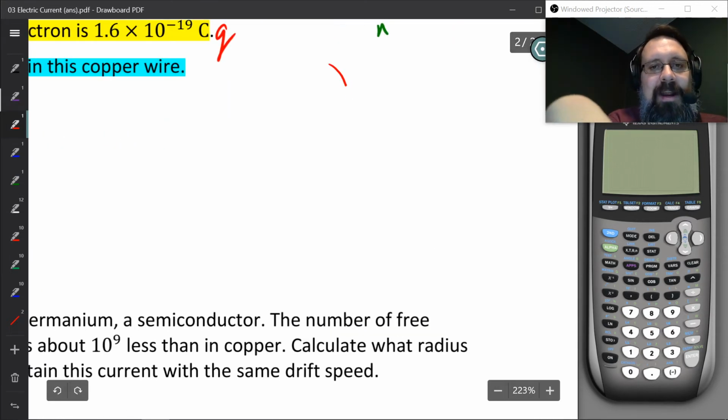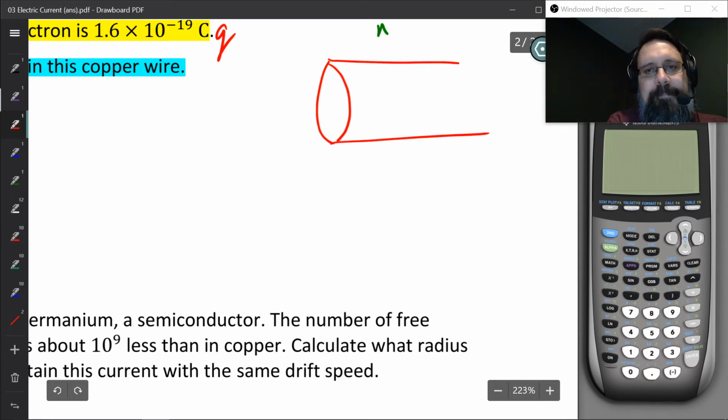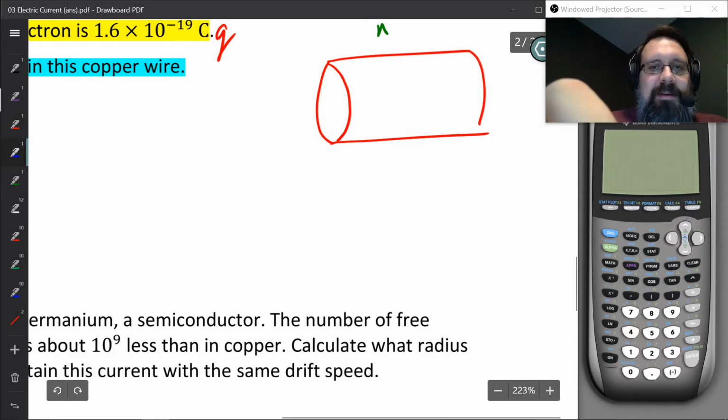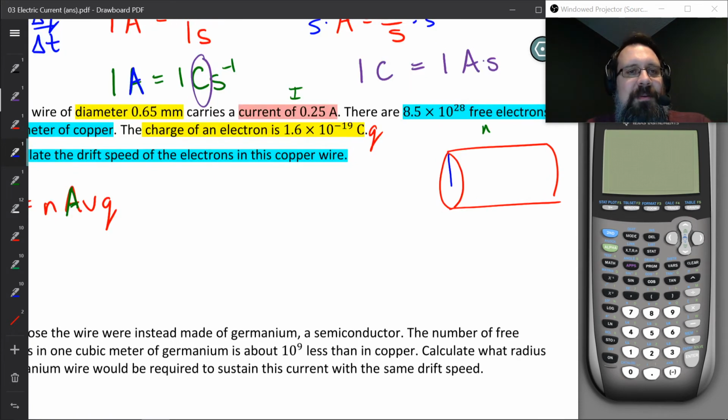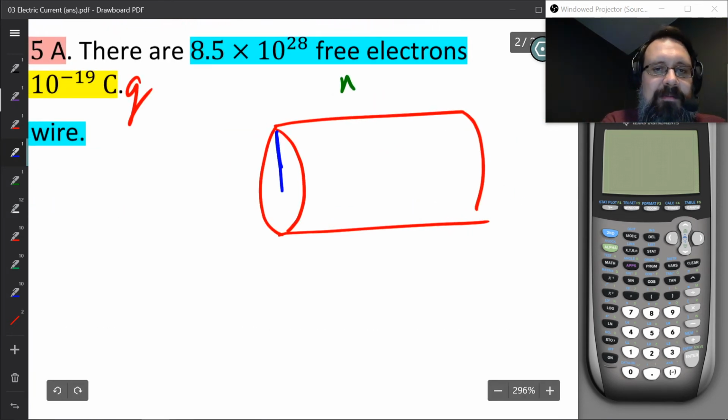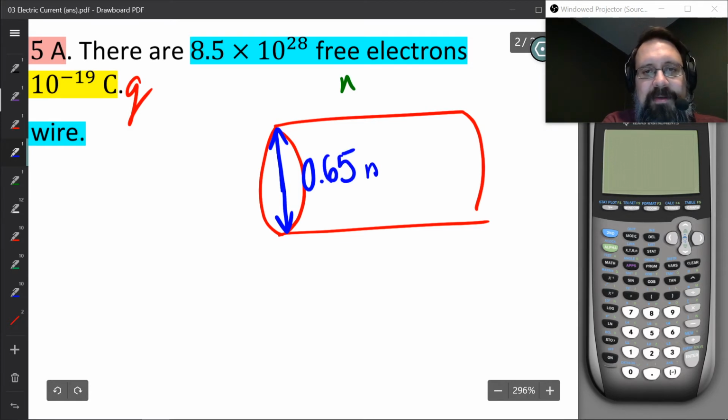So we've got our wire. I'm going to draw a picture of a wire. So here's the wire. It told us the diameter was 0.65. So from here to here was 0.65 millimeters. And what we want to figure out is the area.